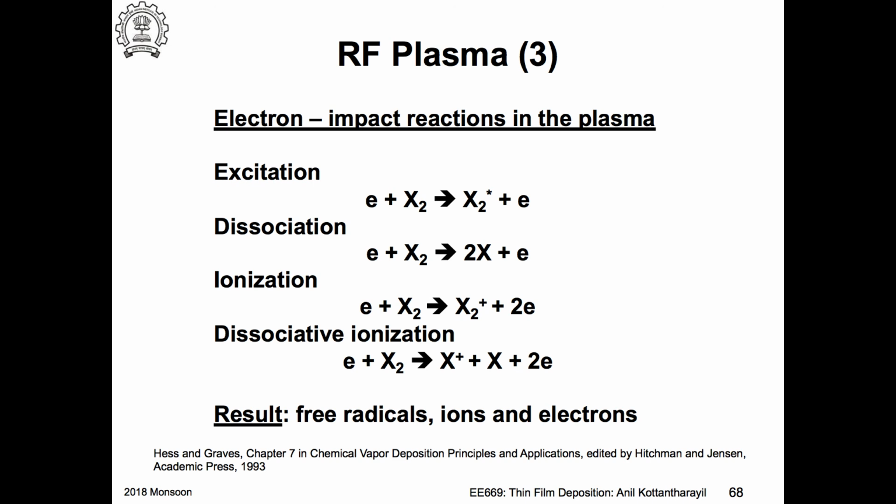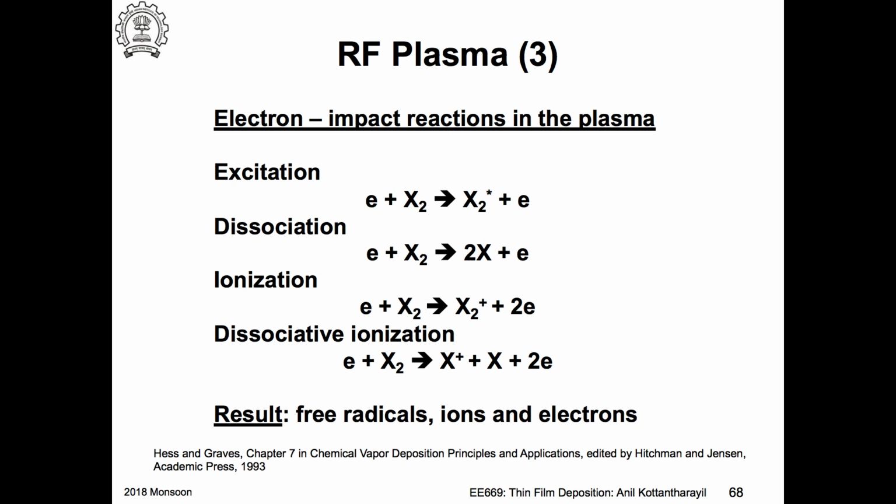We looked at this for the previous case, sputtering, where you accelerate those ions. In sputtering, you typically use argon ions, which would not react with anything, to bombard the surface.